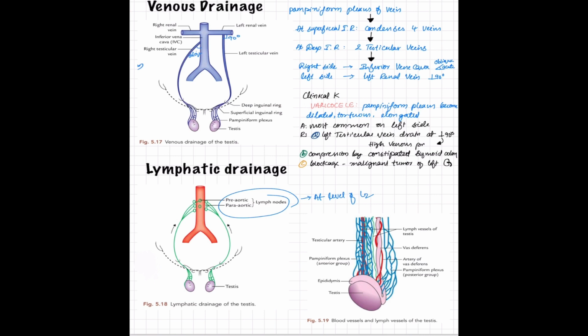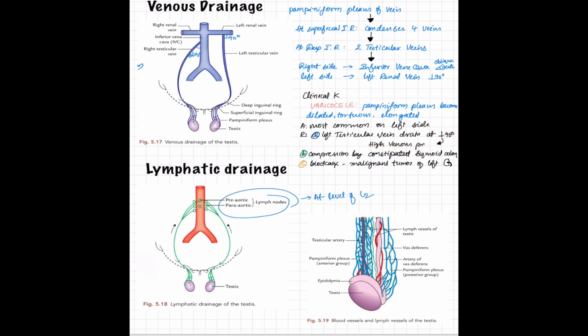Varicocele is most commonly seen on the left side. Why the left side? You have to know the course of the left testicular vein, then you can answer it. The reason is the left testicular vein drains at 90 degrees, so it has high venous pressure.